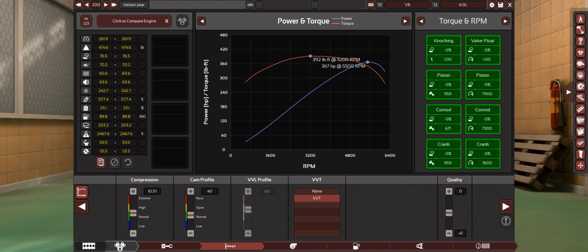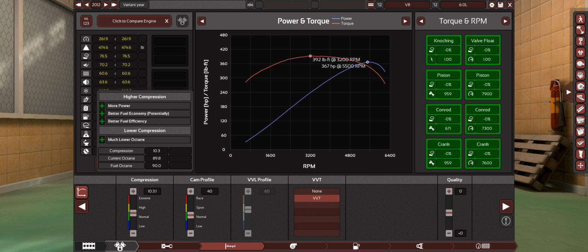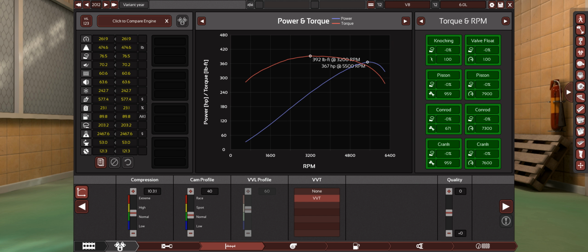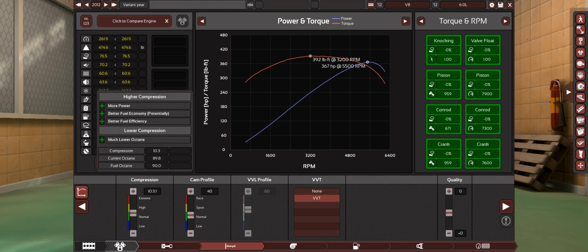And I'm going to note as well, the compression ratio of the V8 is 10.3 to 1, which is a fair value. Not particularly high nowadays, when a lot of manufacturers are running 10.5, 11, 11.5, dear lord, no. So, that's what I would consider a good value.